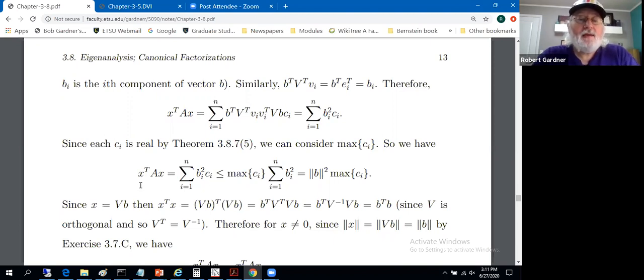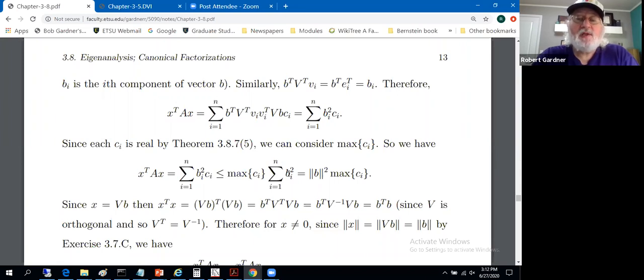So we can say that x transpose Ax, this quadratic form, which we had written in terms of this sum, I'm going to replace all those c sub i's with the maximum c sub i. By doing that, I pick up a greater than or equal to here. I could bring that outside of the summation after making the replacement.